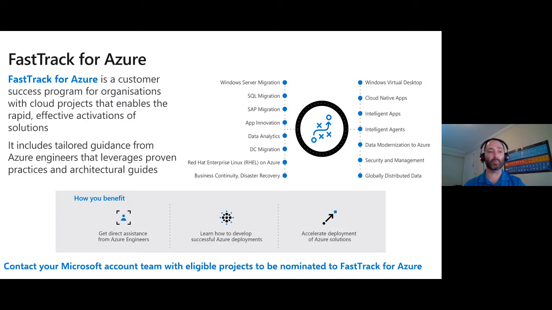We do that by providing tailored guidance from our engineers, leveraging proven practices and architecture guides that are out there. As you can see on this slide, we cover a broad range of topics, and the engineers in this region, we've got enough that can cover basically any aspect of the Azure platform.